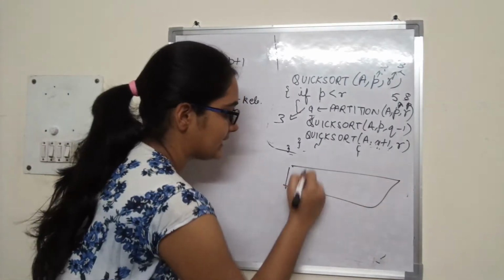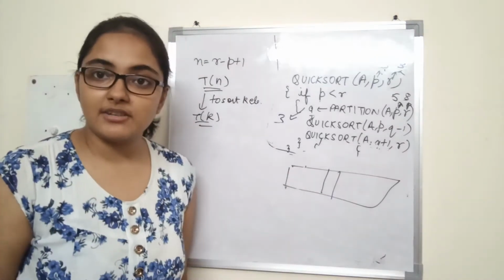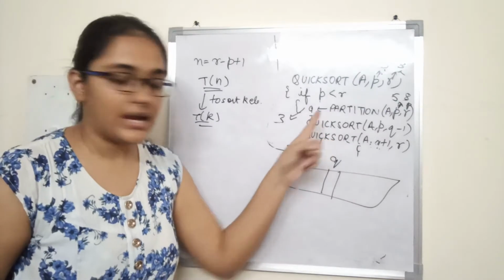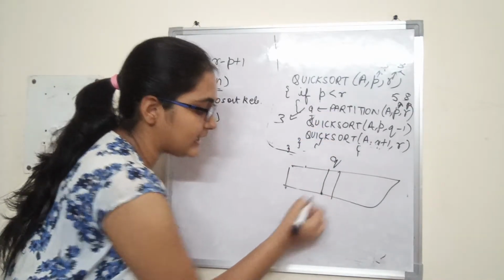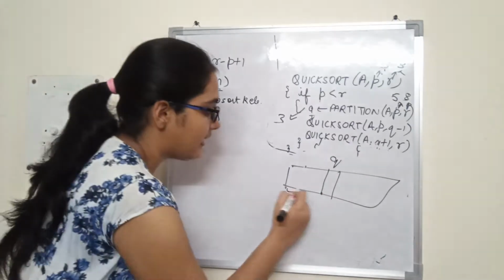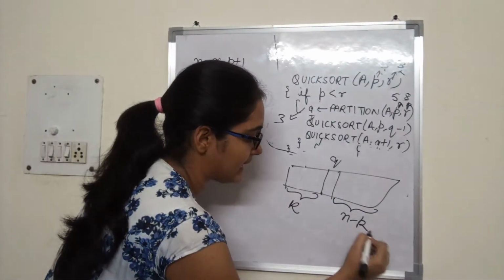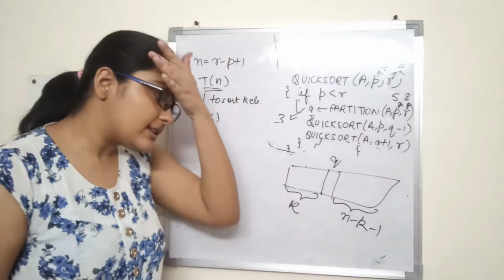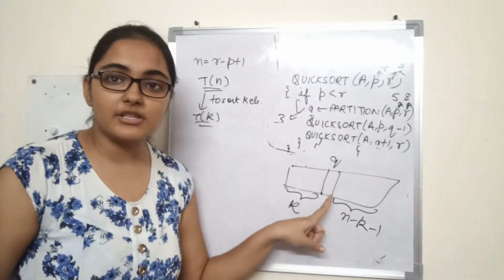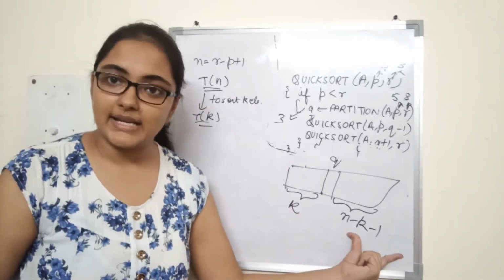What I mean is that the index q that the partition function returns divides the array this way. Out of the total n elements, one element is already in its correct position, and the rest are divided into two subproblems of size k and n minus k minus 1, right?